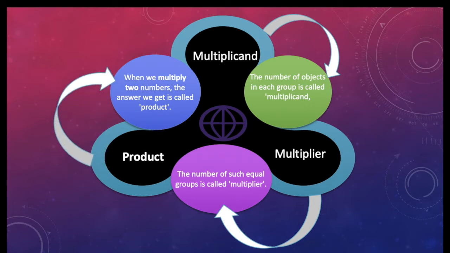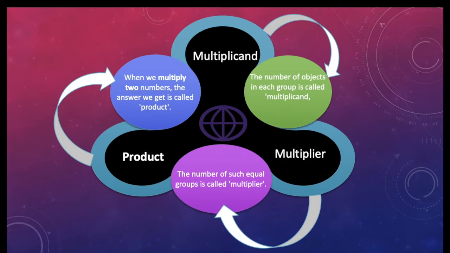And what is product? When we multiply two numbers, the answer we get is called the product. So, the answer in multiplication is called the product, the multiplicand is the number of objects in each group, and the multiplier is the number of such equal groups.